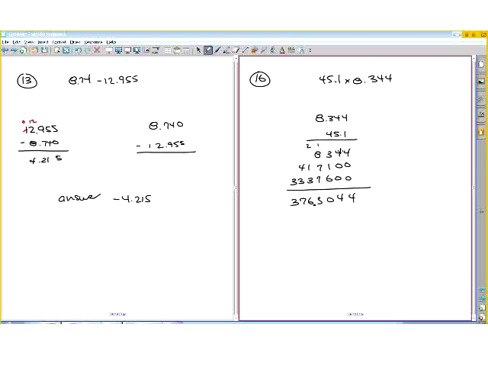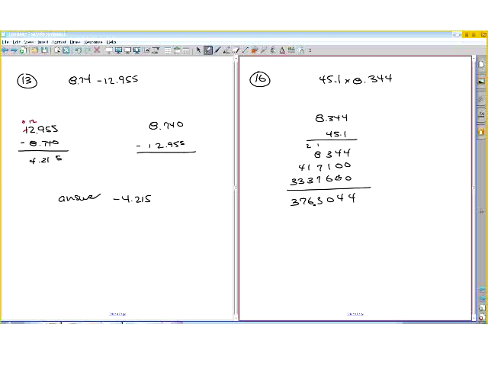0, 20, 0. 20, 21, carry 2. Okay, let's get this. So we get 0, 0, 16.